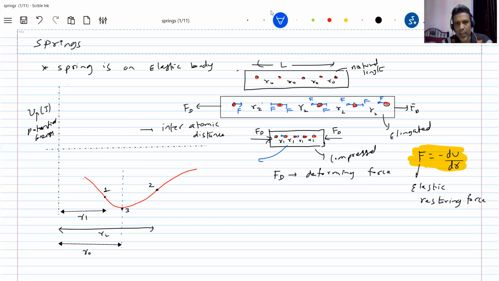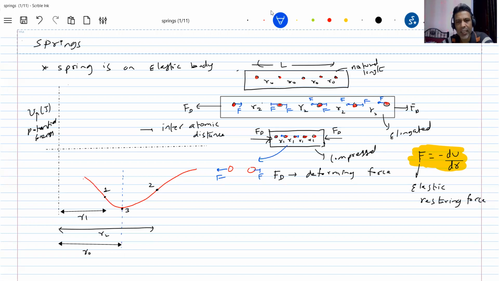The force will be in this direction. I'm just magnifying it. Here the distance between atoms decreases, so the elastic forces will act in such a way that they repel the atoms. Therefore, here it's again a restoring force.